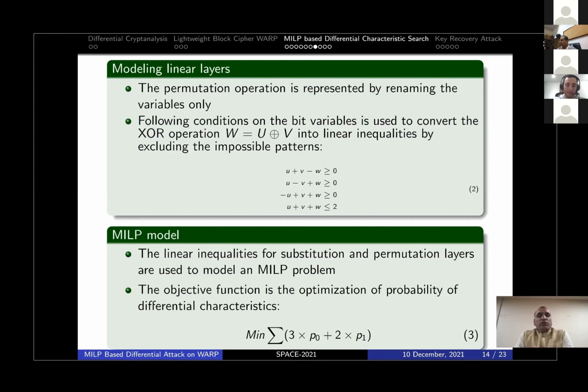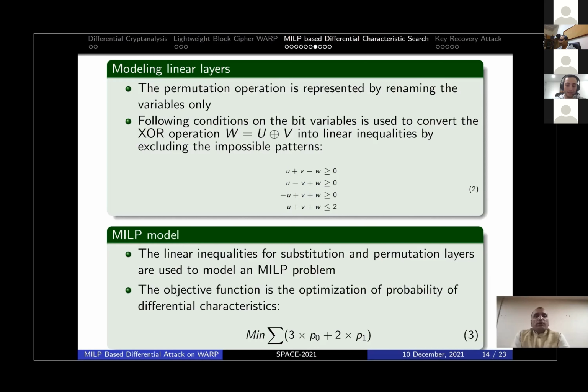Now we construct the MILP model for the whole block cipher, in which the linear inequalities for substitution and permutation layers are used to model an MILP problem. The objective function is the optimization of the probability of the differential characteristic, which is the minimization of the summation 3 into P0 plus 2 into P1.